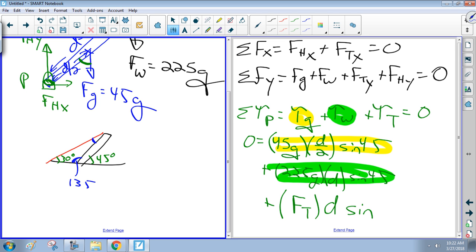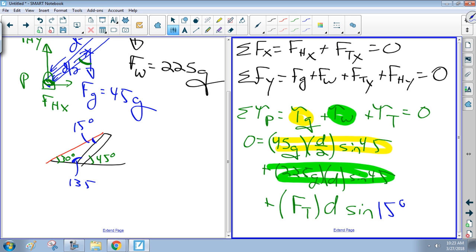Then plus 30, and this little red triangle here has got to add up to 180, right? So 135 plus 30 is 165. That means this has got to be 15 degrees. Cool? All right. So any problems up to there?